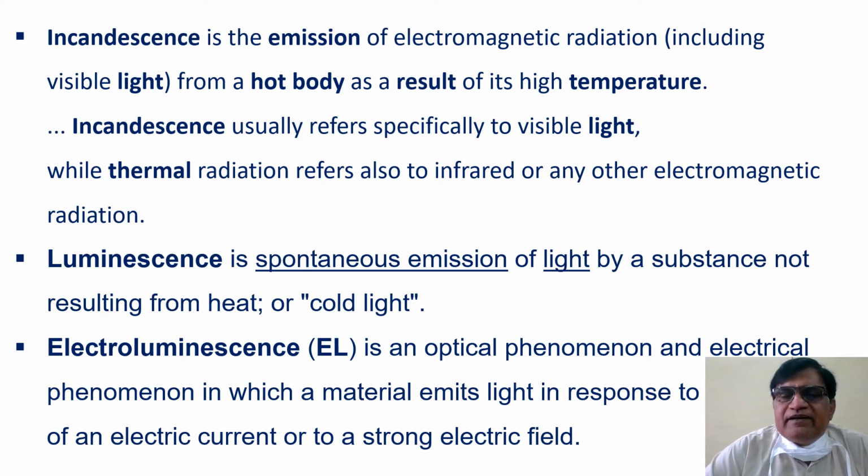You might have read in lower classes that whenever you heat a body, slowly it will attain red color, then blue flame and so on. That depends on the temperature, and you can calculate the temperature by using the simple radiation laws.